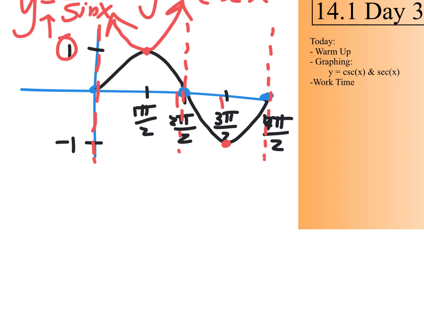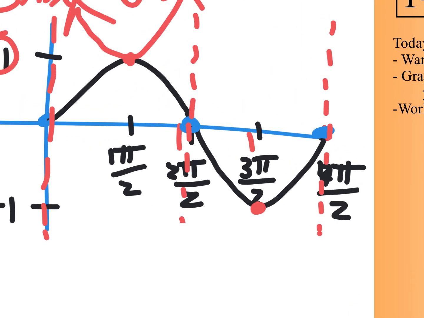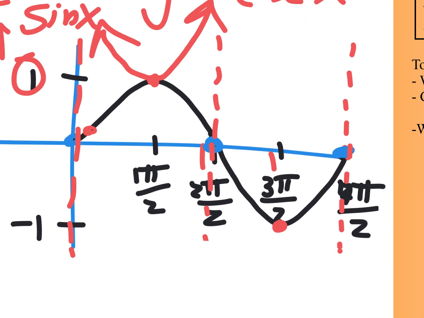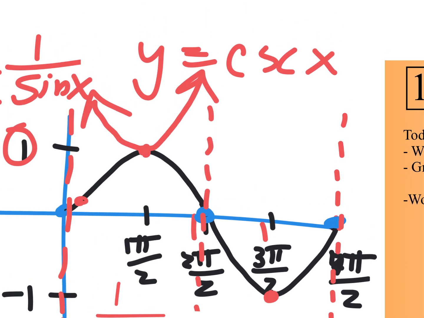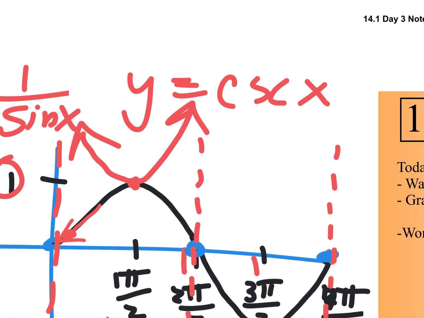What if you have something really, really small, like this spot right here? Do you get it's way lower than 1? It might be like 1/10. If I have 1/10 and I put 1 over it, do you get that that flips it over and all of a sudden it's 10? Okay, so as this one gets really, really small, this one gets really, really big. That's why it goes up like that.